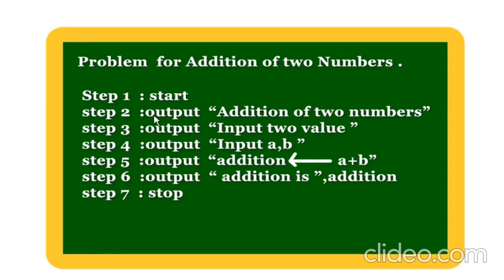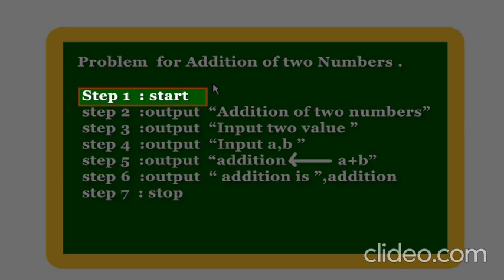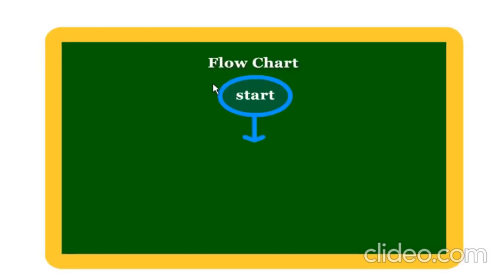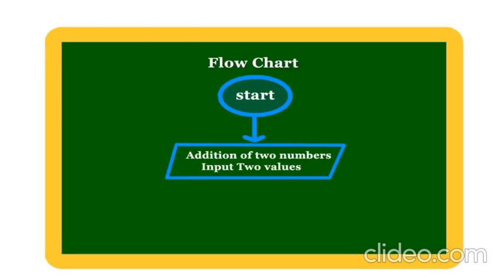Now this is our algorithm for that program, and after that we will see the diagrammatic representation of this algorithm which is displayed here. For start, the circular shape is used. Start. In the next line this shape is used for output, so addition of two numbers and input two values, both are output, so we use the same symbol.